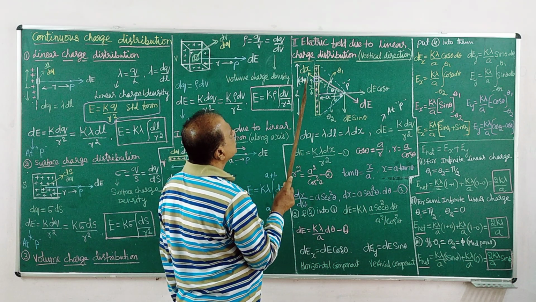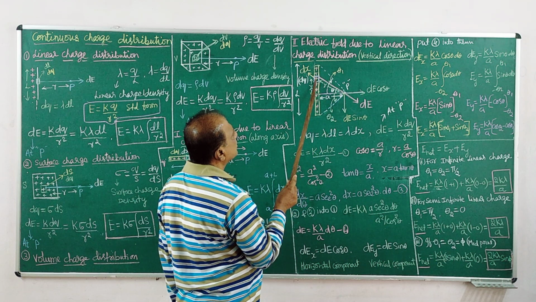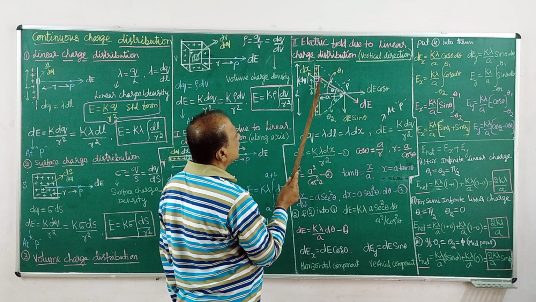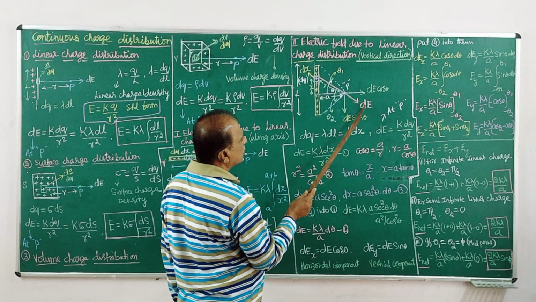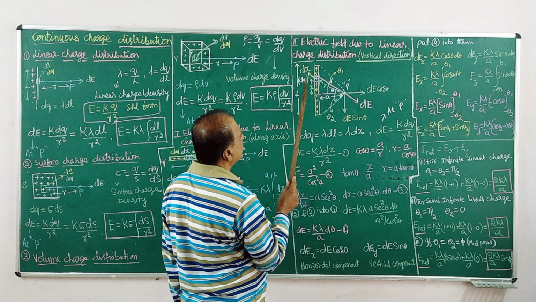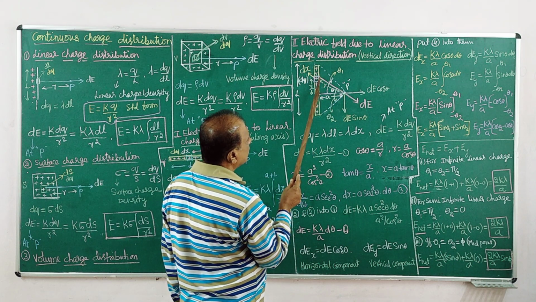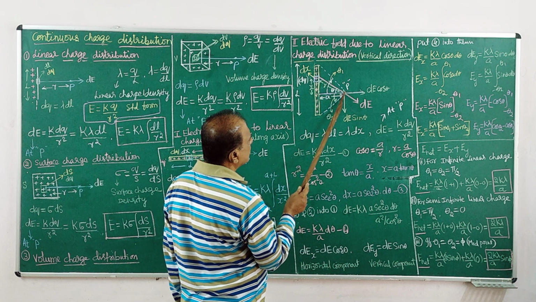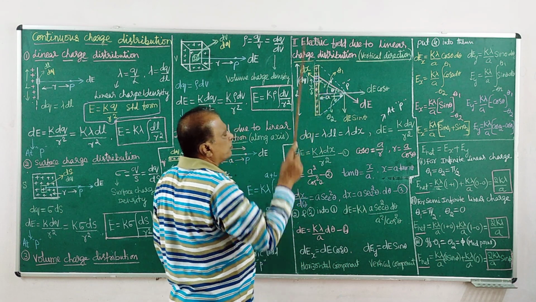So, what is the electric field produced at this point due to this infinitesimal charge? Draw a line, the electric field line, like this. That is the electric field dE at this point due to this infinitesimal charge. A straight line is drawn from this point to this point, and the distance between them is r.